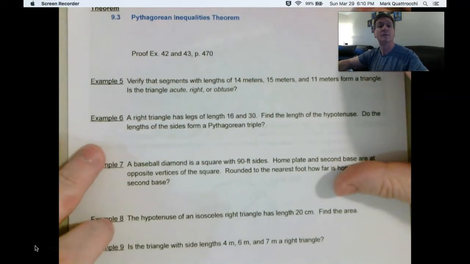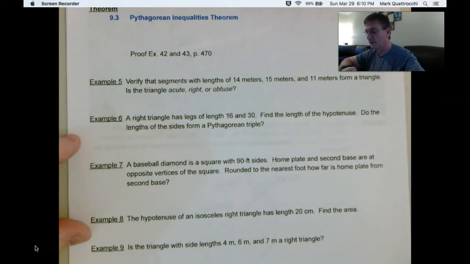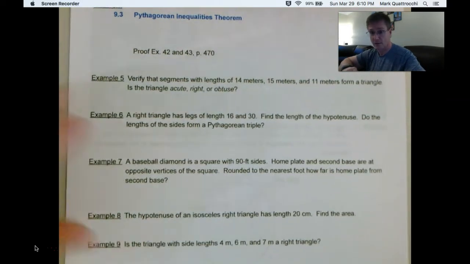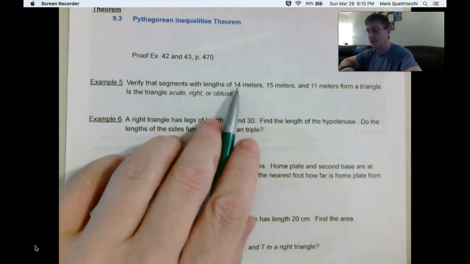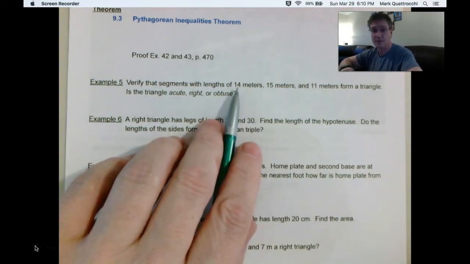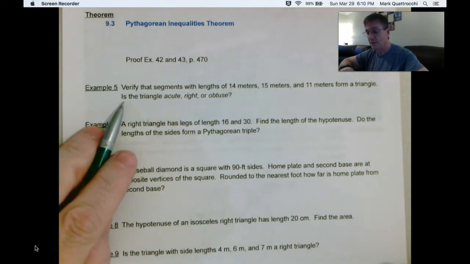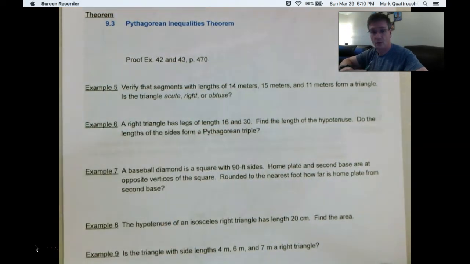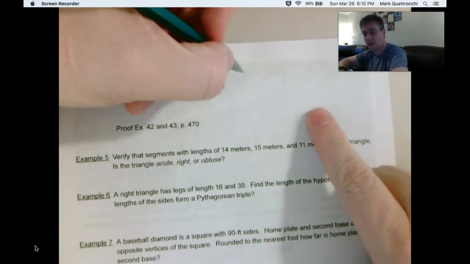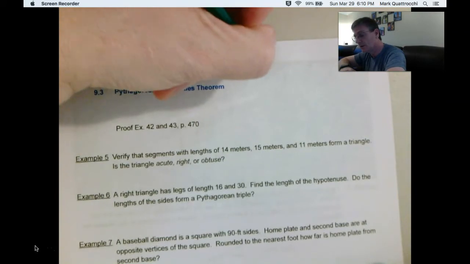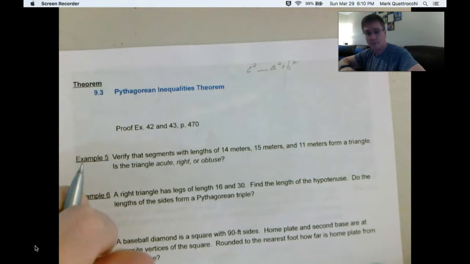Example 5. Verify that the segment lengths of 14, 15, and 11 form a triangle. First of all, we should make sure that they actually form a triangle. 11 plus 14 is 25. That's bigger than 15. It does make a triangle. And then determine, is the triangle acute, right, or obtuse? To save some space, I'm going to do the work up here. C squared blank a squared plus b squared.